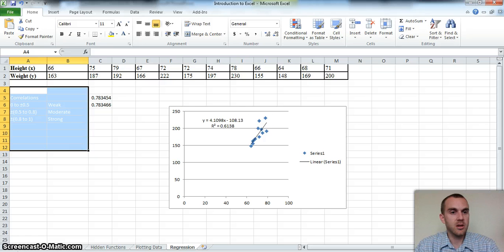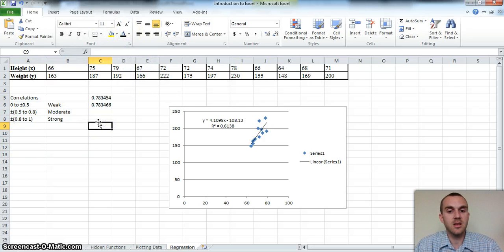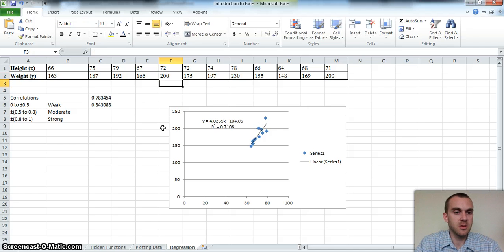Now, when I talk about looking at correlations, I want to know, well, how good is this line of fit? In this case, 78 hundredths. Well, if I look, that means that I'm moderate, because I'm between 5/10 and 8/10. Whereas, say this person here that had 222 pounds, maybe they dropped down to 200.